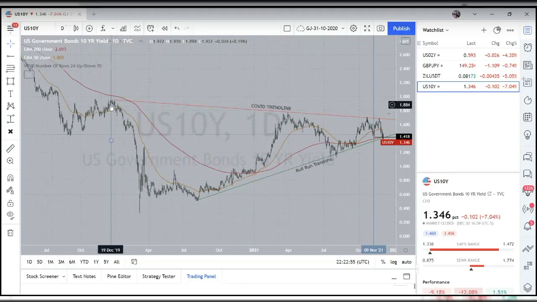I think December, America and the UK weren't really aware of what was going on with COVID, but somebody was, and they started selling. Once we got into February, March, and it was starting to get serious, you got the momentum.